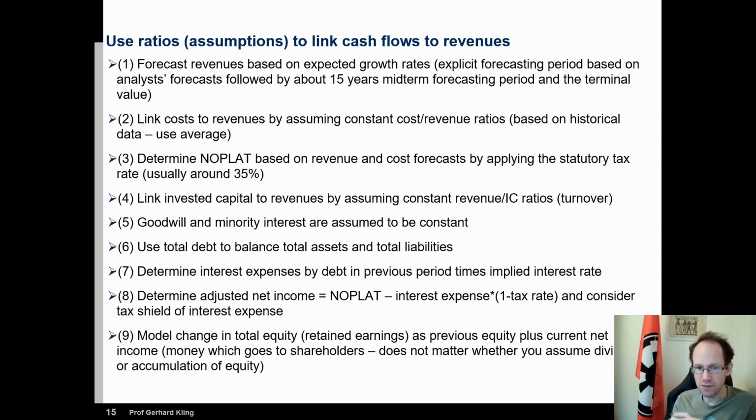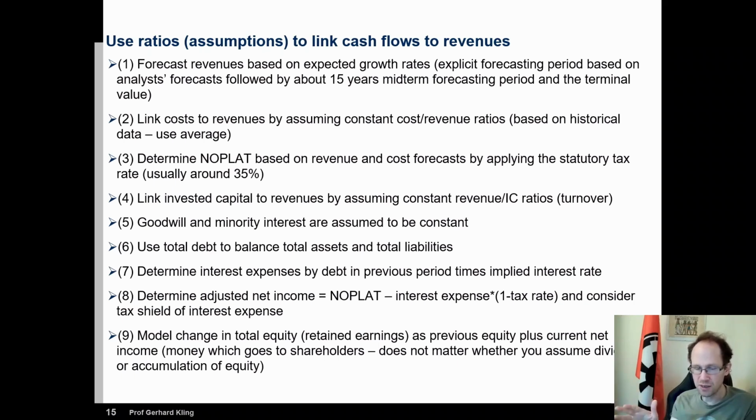Then we have to look at interest expenses. Again, it's linked to debt. So once you know the debt level, you know the interest expense, you just use the interest rate. And then, of course, we have to make some adjustments for taxes. Yeah. Then we look into net income. So here, net income is, of course, needed to understand how equity is changing, because that can be used as retained earnings or dividend payments.